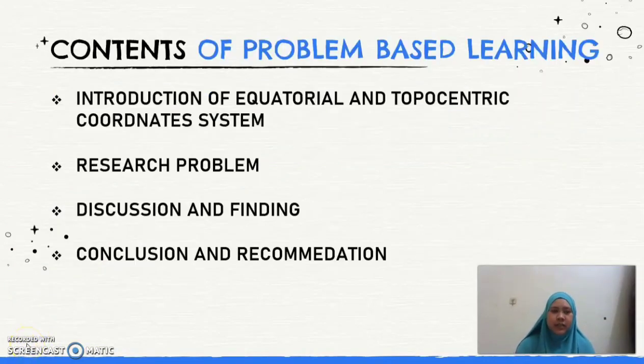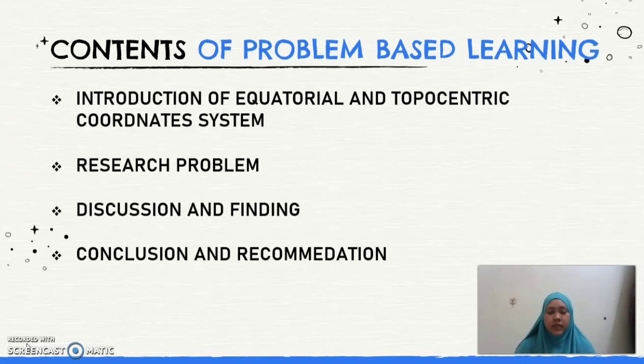Next, the contents of the problem-based learning. We can see the introduction of the equatorial and topocentric coordinate systems, and then the research problem in the equatorial and topocentric systems and how the astronomers developed and used both systems.